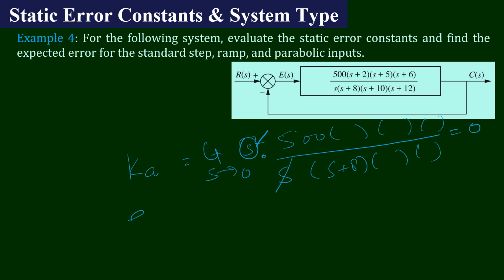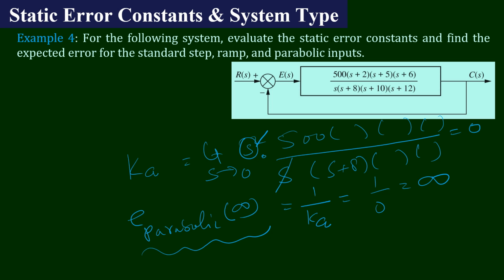Now if we look at e parabolic(infinity), we studied before that it will be 1 over Ka, which is 1 over 0. This means the steady state error will not be a constant or 0, and the parabolic function will not be tracked by this particular closed loop system. The only thing remaining is to find Kv, the velocity constant.